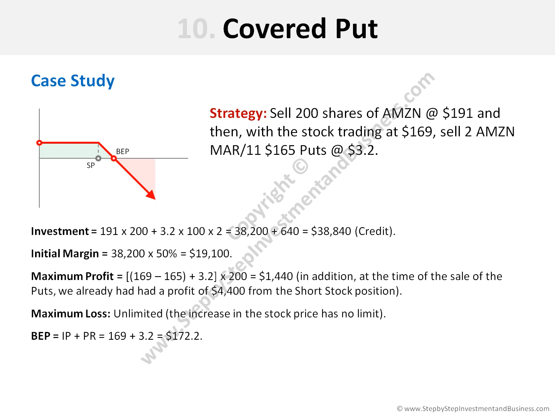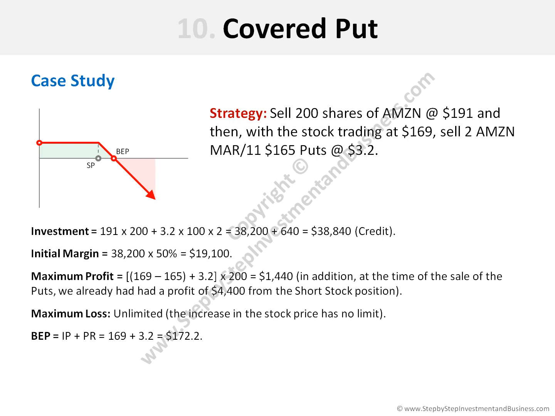Here we can see the numbers of our example. The strategy consisted of selling 200 shares of Amazon at $191 and then, with the stock trading at $169, selling 2 puts with a strike price of $165 and expiration in March 2011 at $3.2.